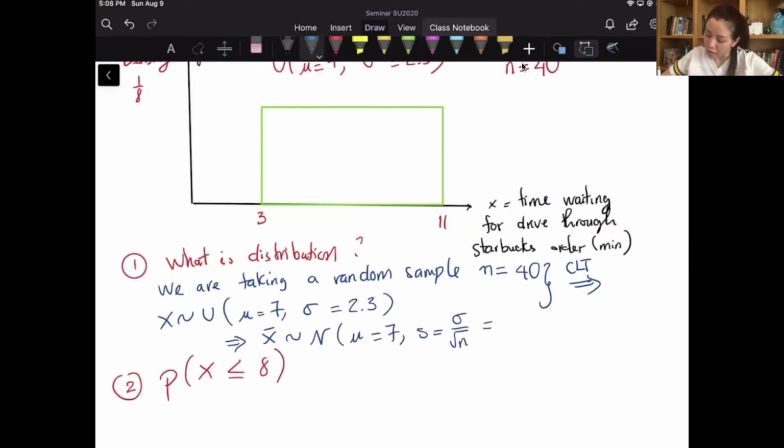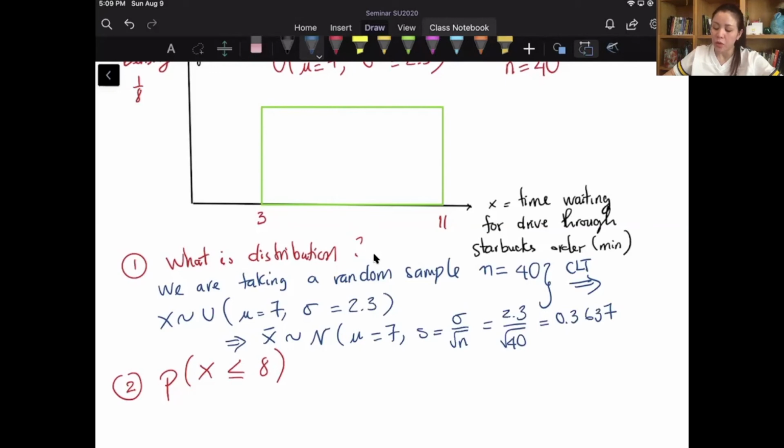Sigma here is 2.3, and the square root of n is the square root of 40, so that will be equal to 0.3637. So the distribution we're going to use here is the normal distribution according to CLT.